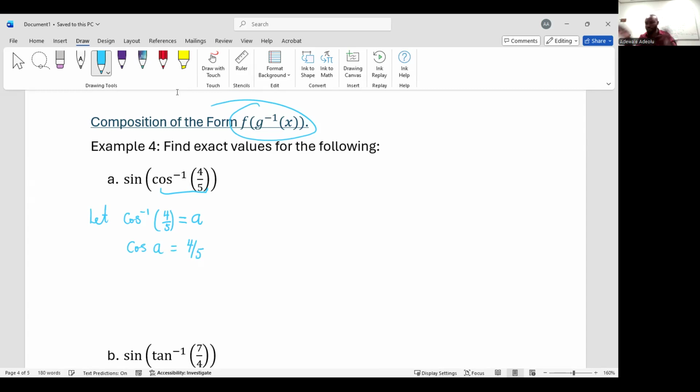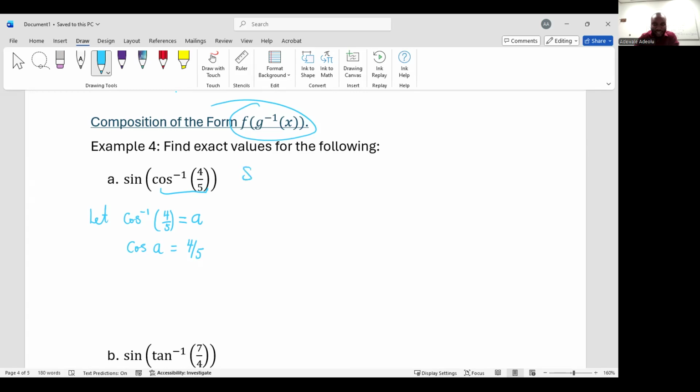That is how we move back and forth between a trig function and its inverse. Now, cosine of an angle is 4 over 5. But what does that mean?